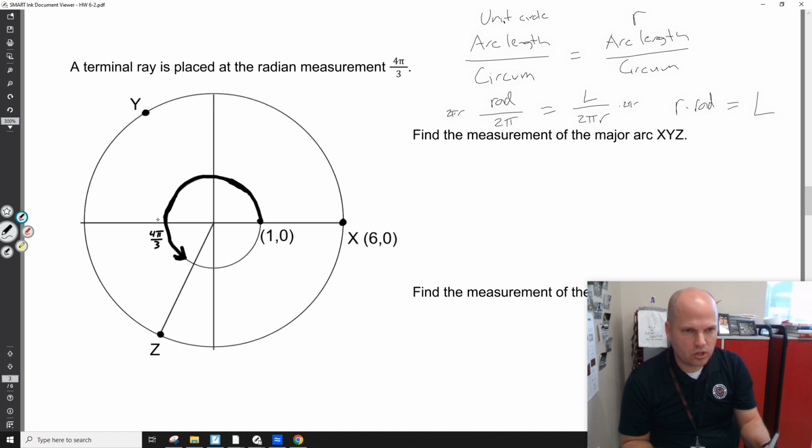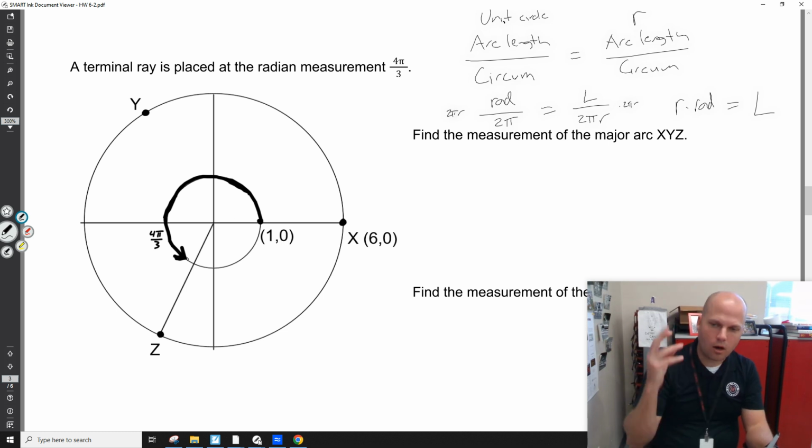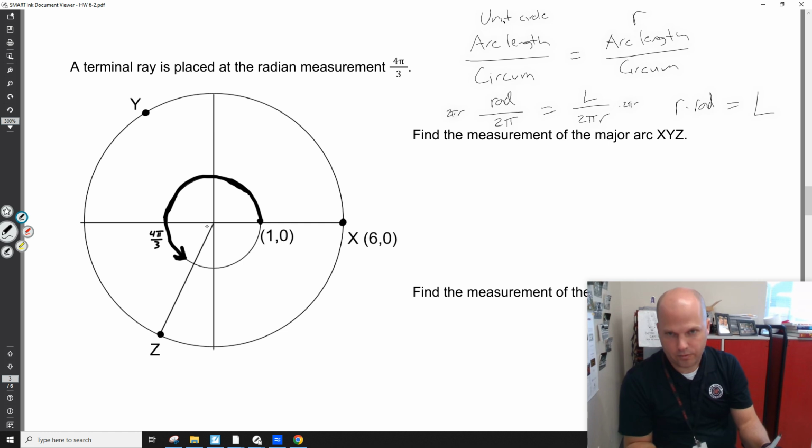We see our unit circle here, and we see our radian measurement, or our arc length of our unit circle, is 4 pi over 3. So we can say 4 pi over 3, our radian measurement, divided by 2 pi is equivalent to the arc length XYZ over 2 times pi times the radius. You can see this location is 6, 0. So the radius of the larger circle is 6.